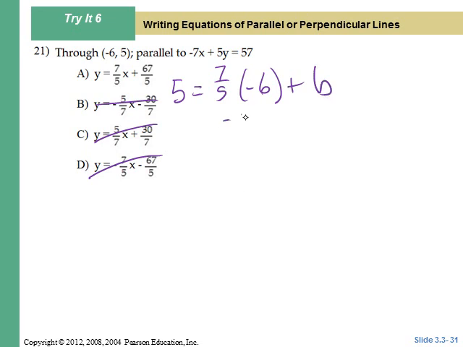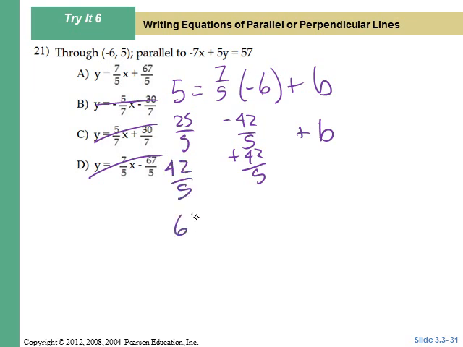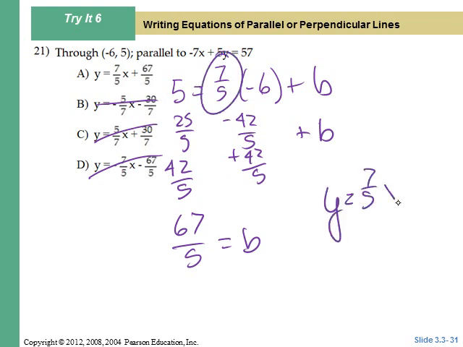This is negative 42/5. This is 25/5. Add 42/5 to both sides. You get 67/5 is b. So y equals our slope, 7/5 x plus 67/5.